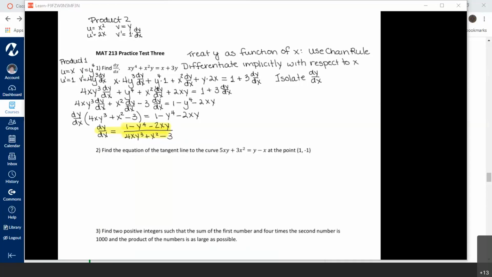Now, how do you find the slope? You're absolutely right. Anybody have any ideas?